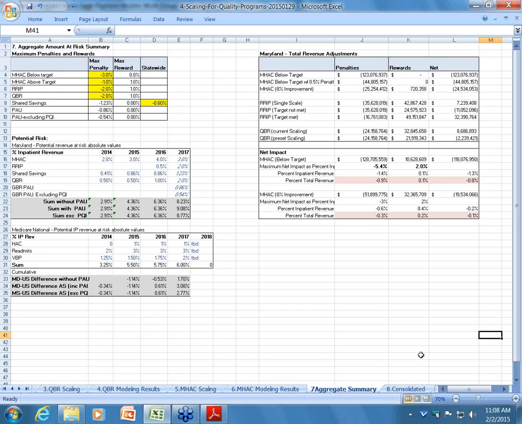So in terms of the justifications for why these numbers are, as I said, 3%, we reduced it from 4%. Readmission, we think that we need to have more emphasis on readmission rate and more rewards and penalties associated with it. For the QBR, 2%, it is the same number as the national VBP program.